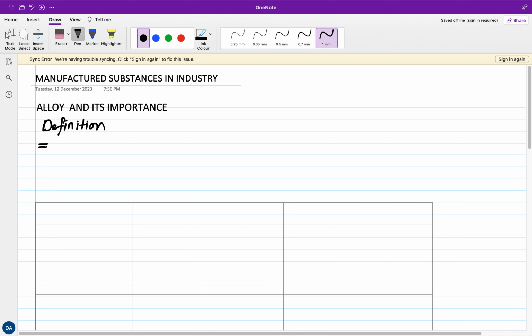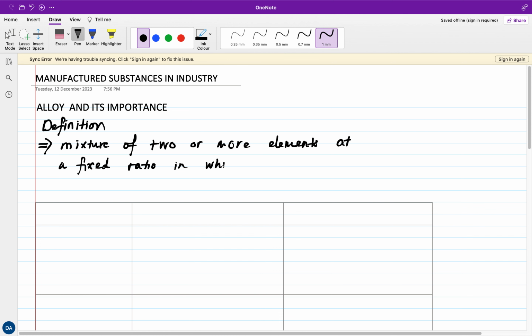For alloy will be: a mixture of two or more elements at a fixed ratio in which the major element will be the metal.